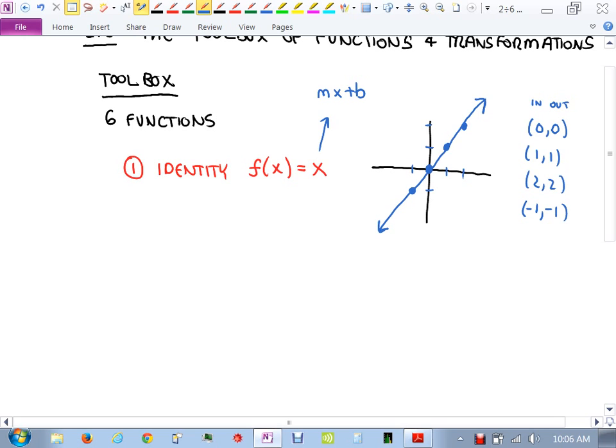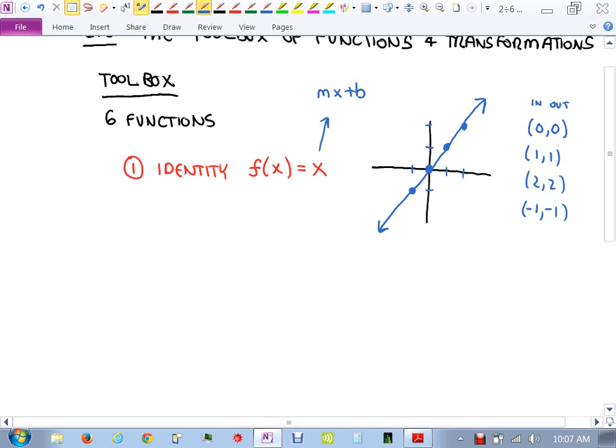Okay, well, y equals mx plus b is the equation of a line. So we could have recognized that. But that's the graph. So in your toolbox, the function f of x equals x is a perfectly diagonal line that passes through the origin, isn't it?